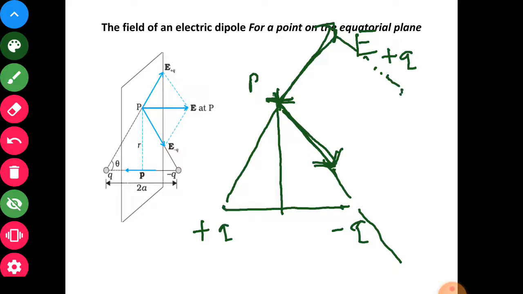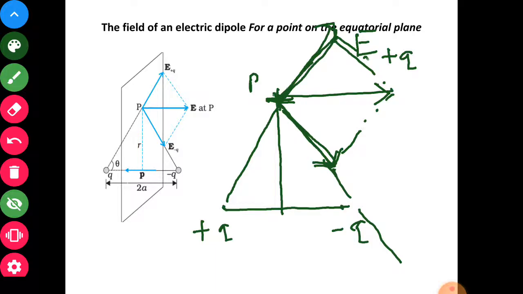We complete the parallelogram just for the sake of understanding; that is not drawn in the figure. So this is the parallelogram. Now this is the resultant vector of these two vectors.